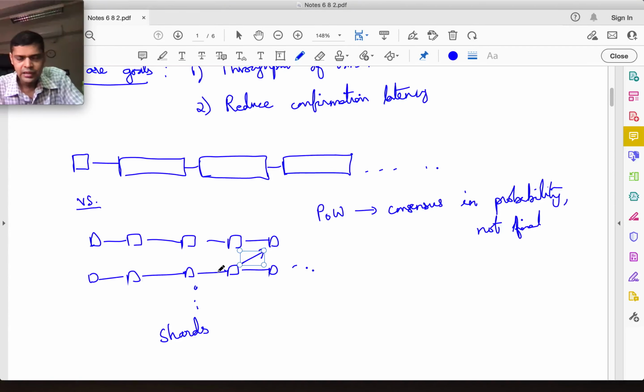If you have something like PBFT running in every chain where it's final, under a particular security model, once consensus has been achieved, it's done. You have safety guarantee. Okay? Here you don't have a guarantee for safety. It's only some sort of probability that the block will remain there forever. Right?